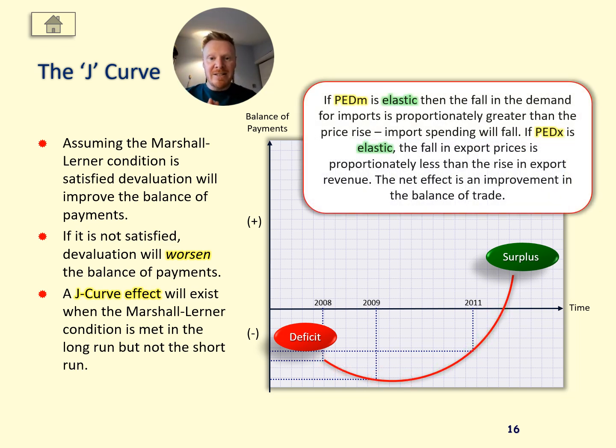So if PED of imports is elastic, then the fall in the demand for imports is proportionately greater than the price rise. Import spending will fall. If PED for exports is elastic, the fall in export prices is proportionately less than the rise in export revenue. So the net effect is an improvement in the balance of trade.